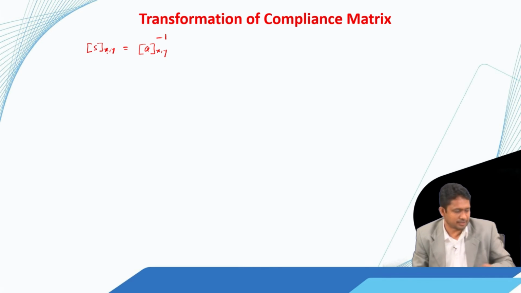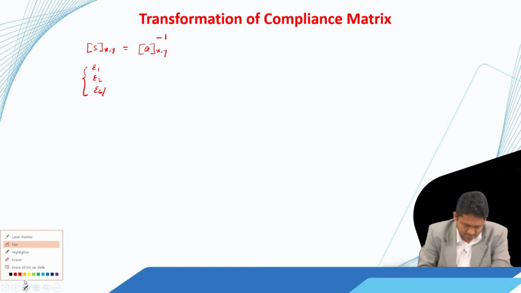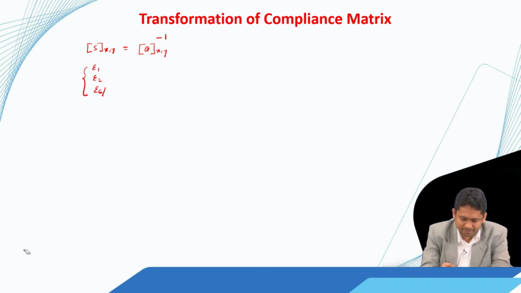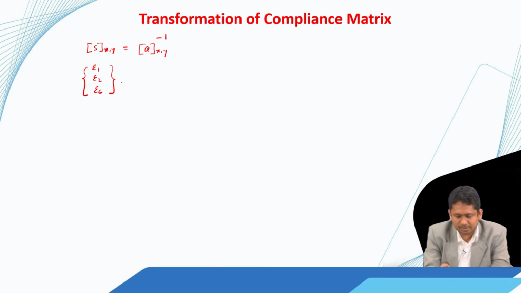Or otherwise we can start from the beginning. We can write the compliance relation in the 1-2 system first, and then from there we can define the transformation. So, let us write it in terms of the engineering system first, and then we will go to the tensorial definition.